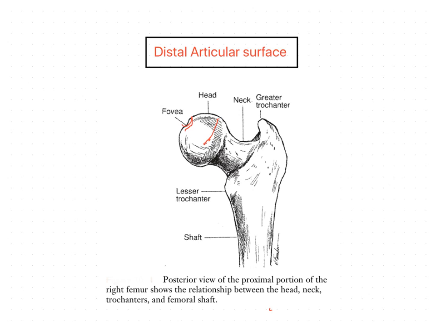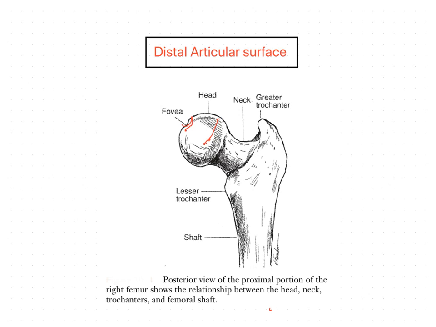Just inferior to the most medial point of the head, you will have a depression, a small roughened pit called the fovea or fovea capitis. The fovea is not covered with articular cartilage. At this point a ligament is attached, namely the ligamentum teres, to the head of the femur.